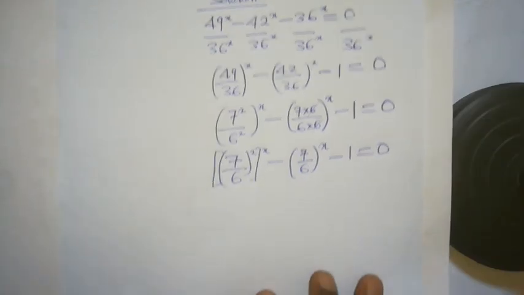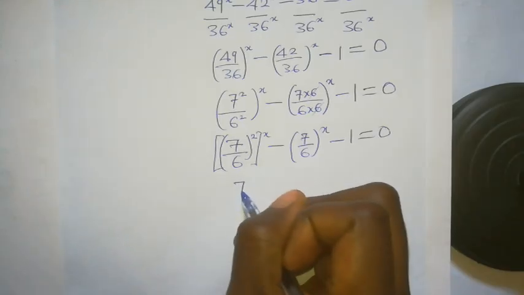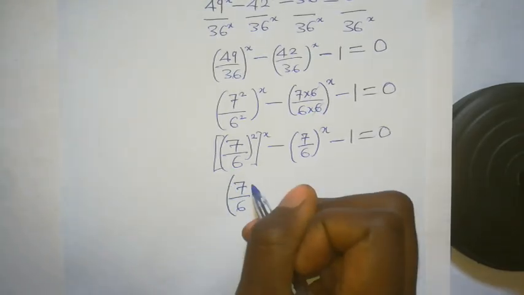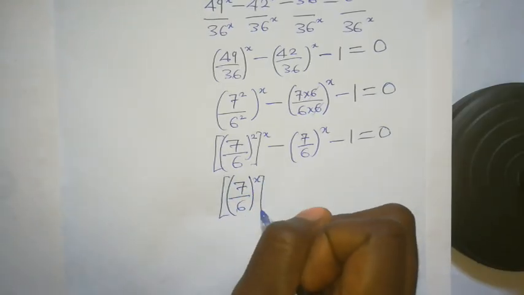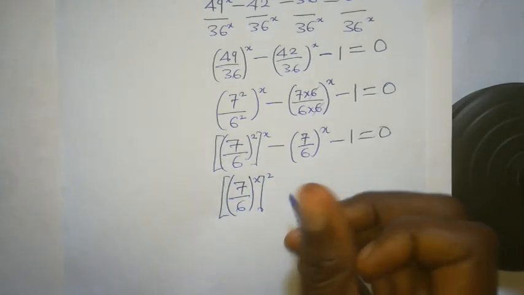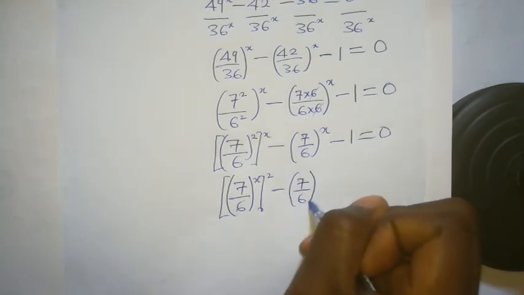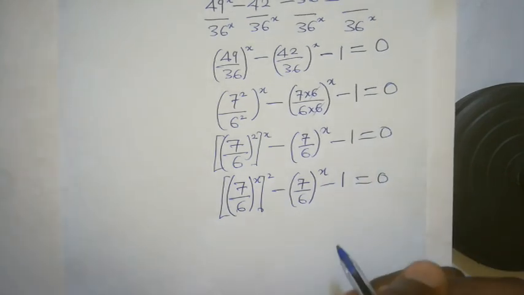So 2 times x, let's just maintain x: 7 over 6, everything here to the power of 2, minus 7 over 6 all to the power of x, minus 1 equals 0. You get it?